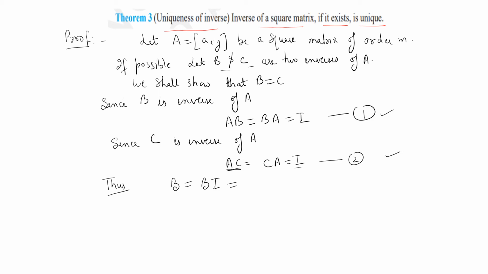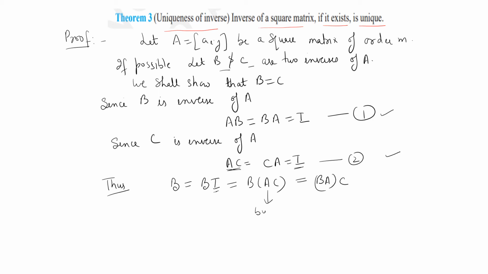So the value of I from here I will change to AC. This will help me in getting out my C. Now this is equal to, can I apply the associative law? Yes. So it can be written as BA into C. Now BA by equation number 1.